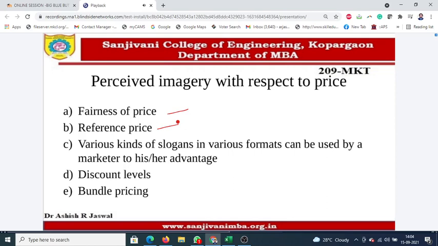For example, a lady goes to a grocery shop and tries to purchase sugar. She purchased sugar at 35 rupees per kg last month. But when she goes to purchase it now, she finds that the rate of sugar is 36 rupees. She feels it has increased by one rupee.